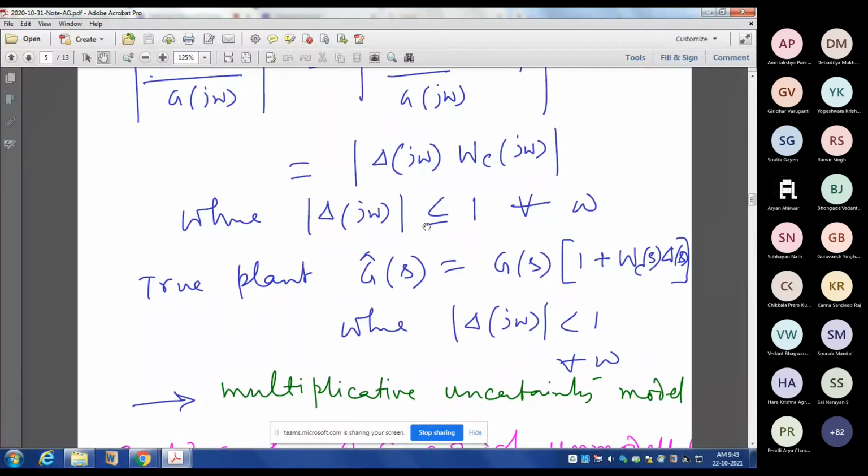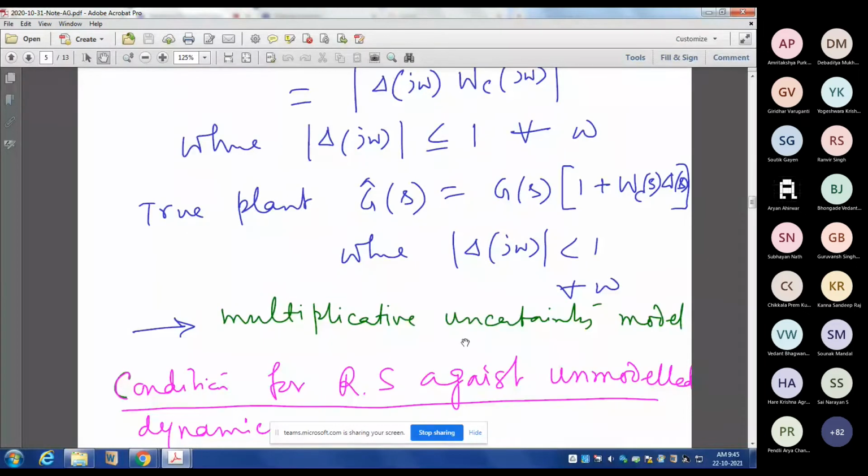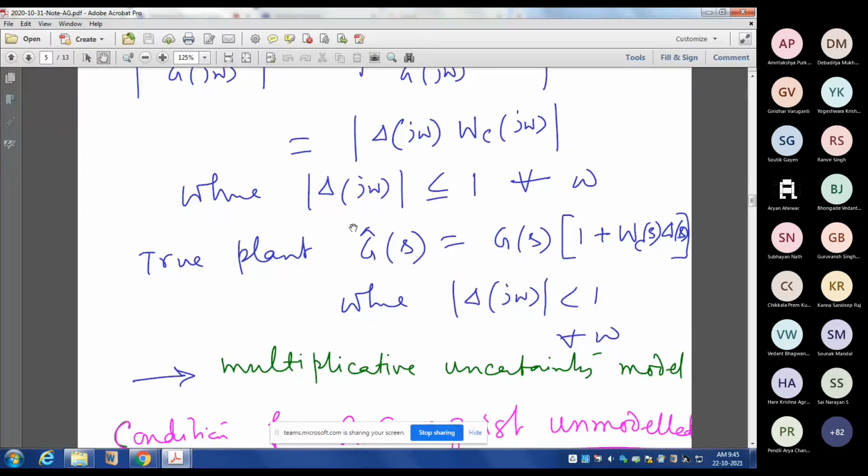So this is your uncertainty model, a particular uncertainty model. We have encompassed the uncertainties below the WC j omega plot.